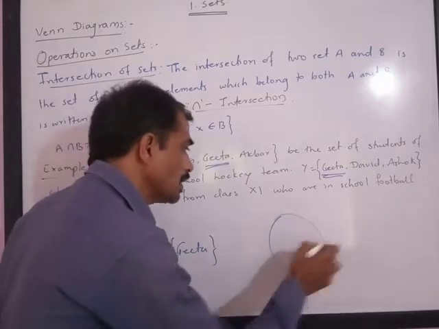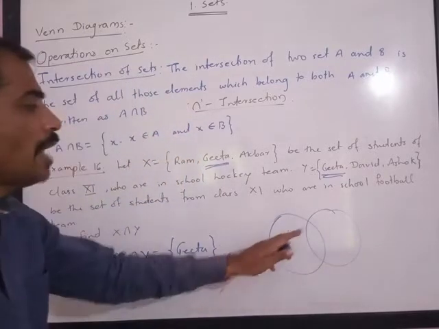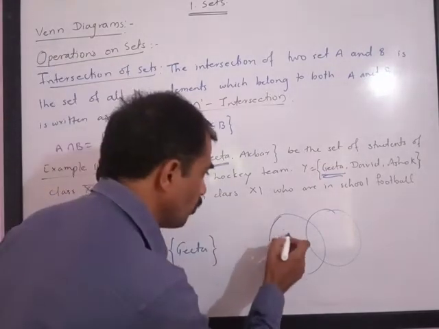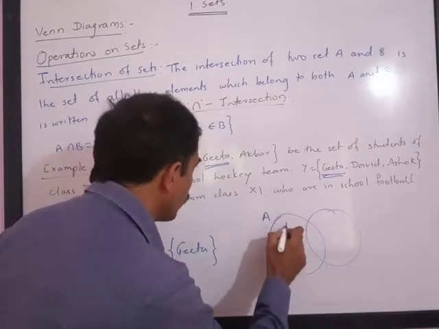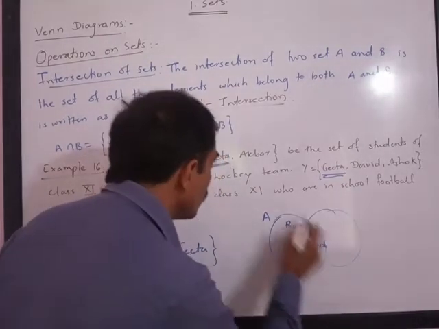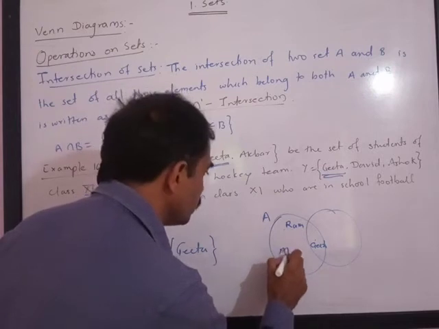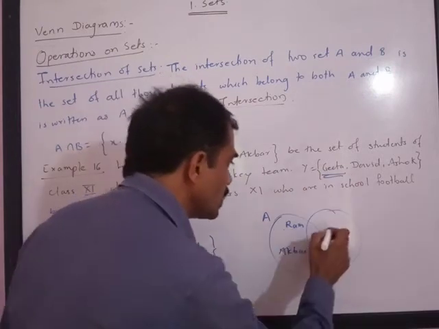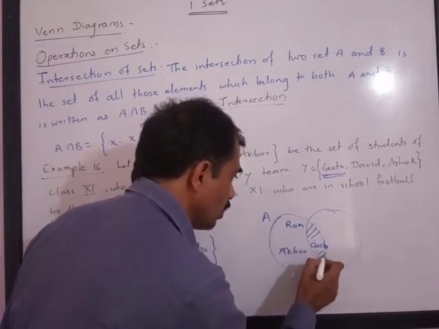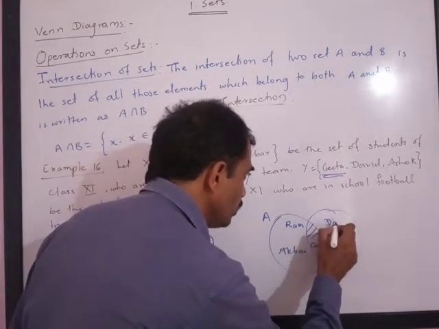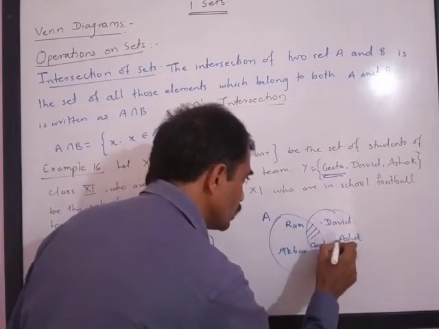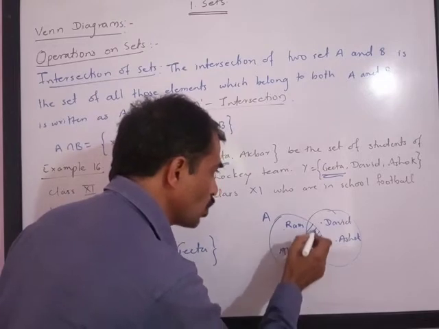Now understand this can be represented by a Venn diagram. Here the set X is Ram, Geeta and Akbar, and Y is Geeta, David and Ashok. Geeta is representing this area, which is common to both.